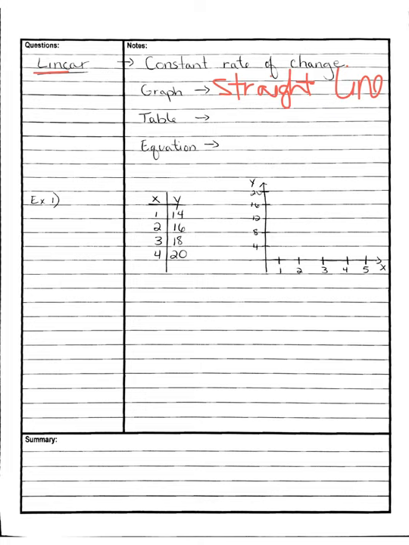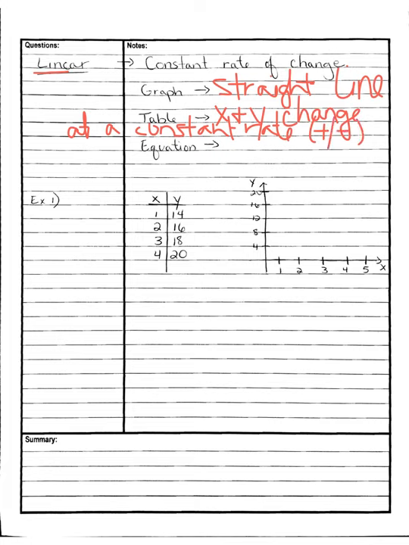If we look at a table and want to determine if it's linear or not, we're going to look at what we call a constant rate of change. We're going to make sure that the x and y change at a constant rate. When we look at that change, we are looking for addition or subtraction.